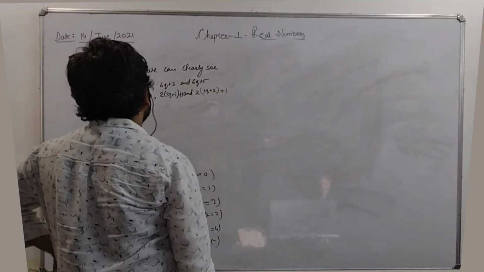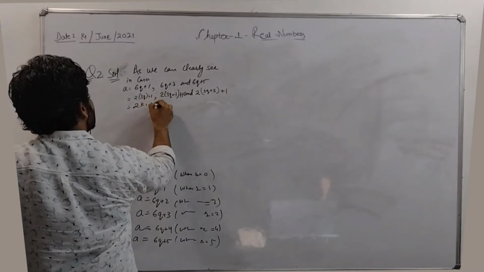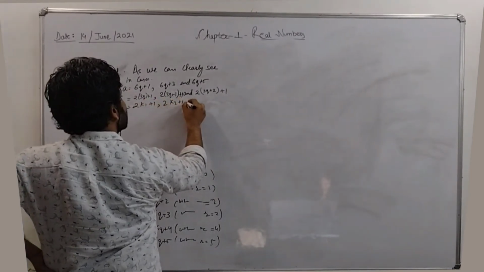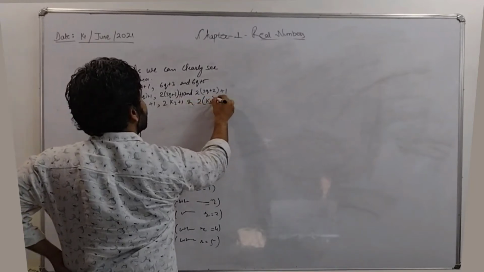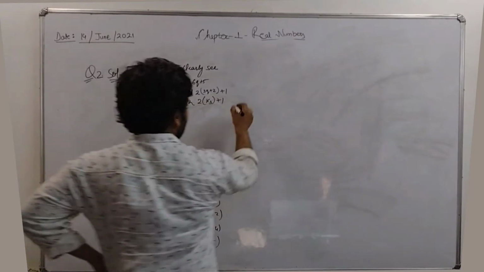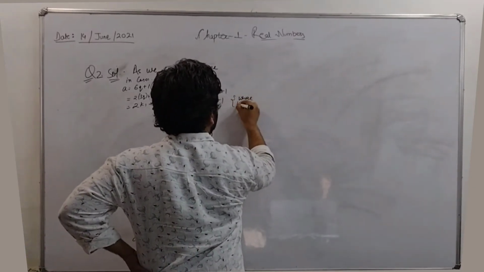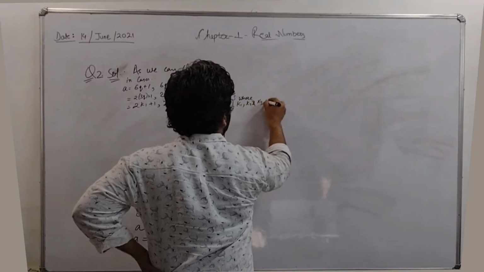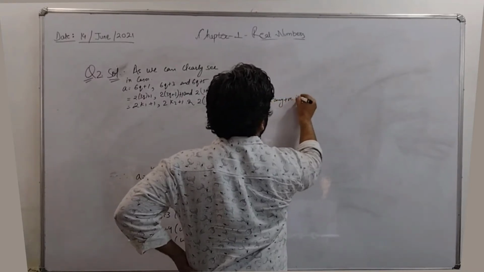Okay, perfect. So we can say that 2k1 plus 1, 2k2 plus 1, and 2k3 plus 1, where k1, k2 and k3 are any positive integers.